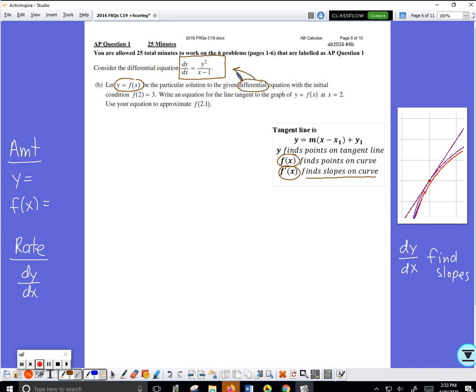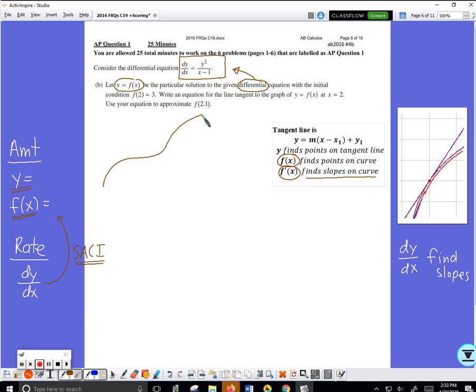This equation here. All that means is they're giving you this rate, and if you work backwards using the Sassy method, you can come up with an equation called y equals or f of x equals. Again, you have a curve. Don't know what the curve looks like.